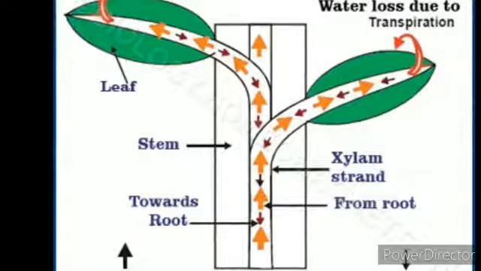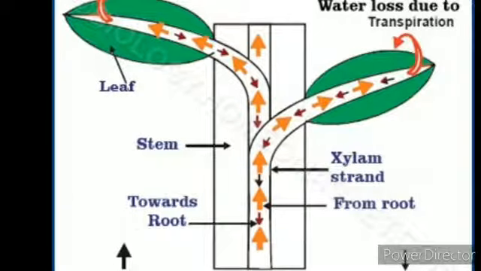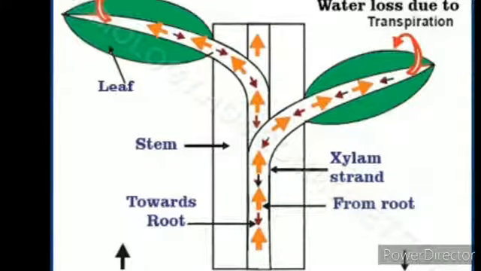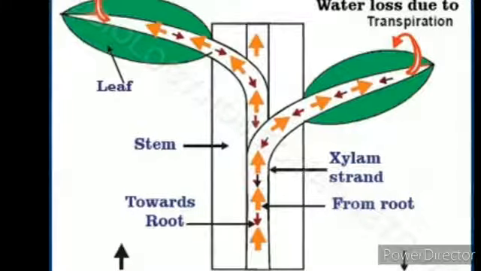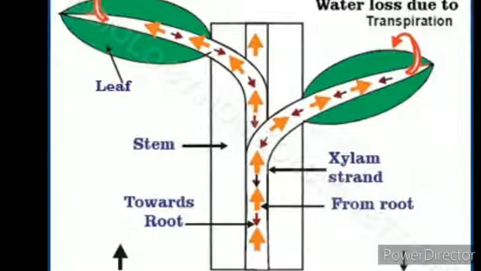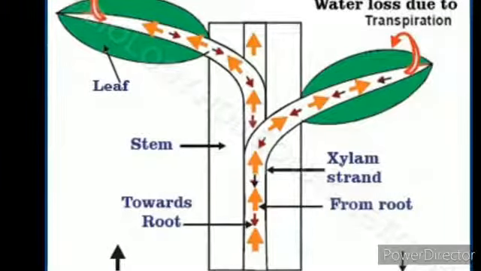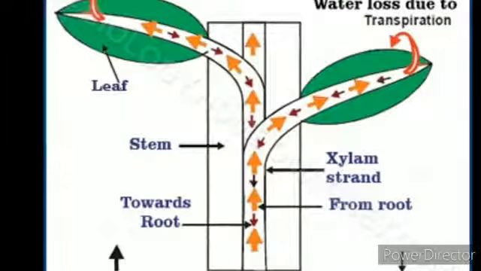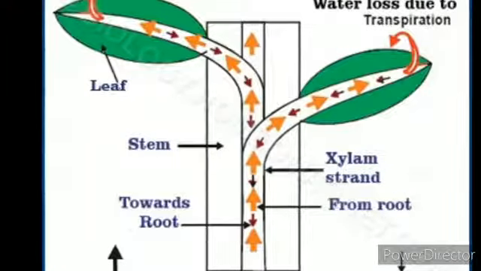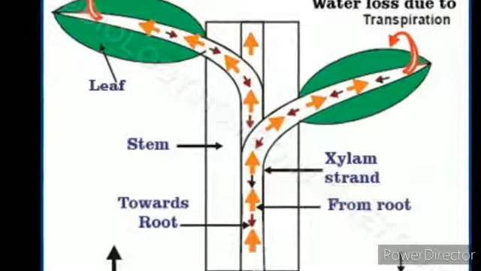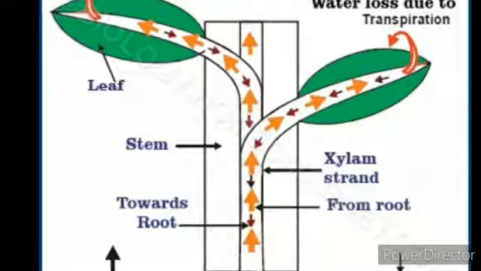The ascent of sap depends mainly on the following physical properties of water. That is cohesion. We know very well cohesion is nothing but sticking together of particles of the same substance. And adhesion force is nothing but the attraction of molecules of different kinds. So these are the 2 types of forces.